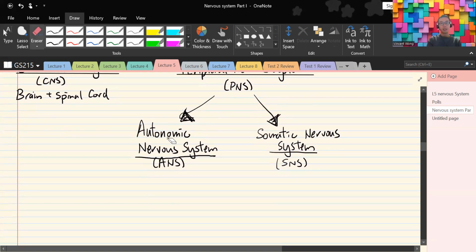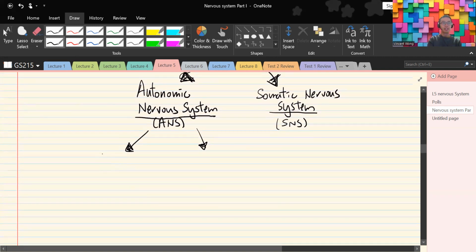Now, under the ANS, it further divides into two functional divisions. We have the sympathetic nervous system, called the sympathetic system, and the opposite of sympathetic is parasympathetic.